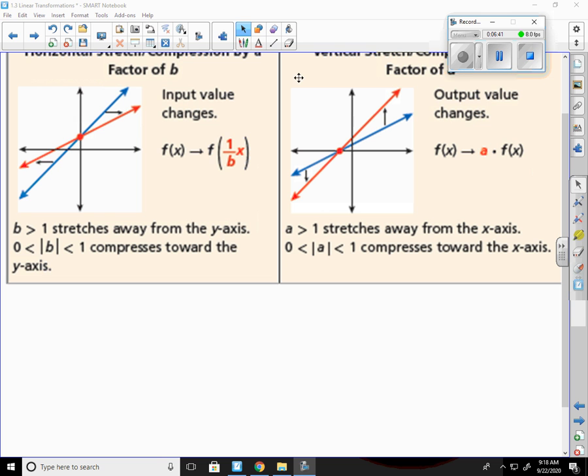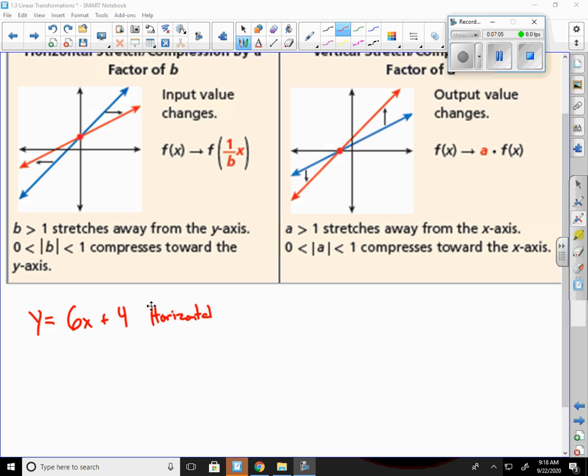Now, if I was to start with an equation and say that my first equation is y equals 6x plus 4, and I said it was a horizontal stretch by 2.